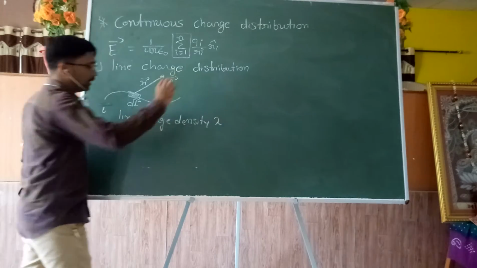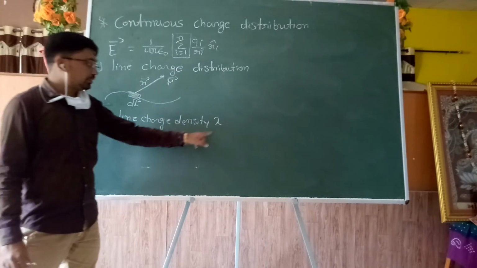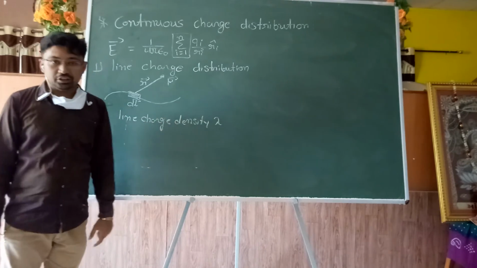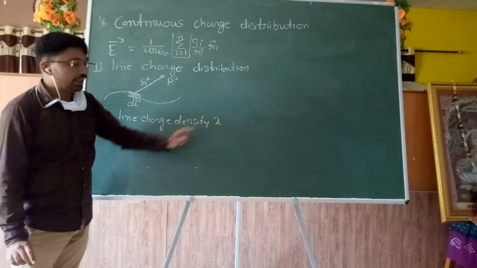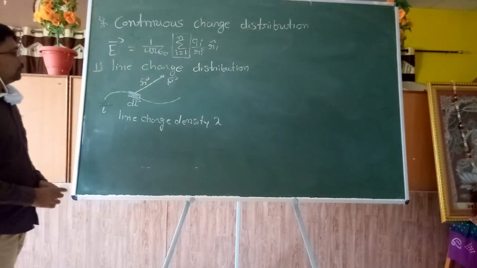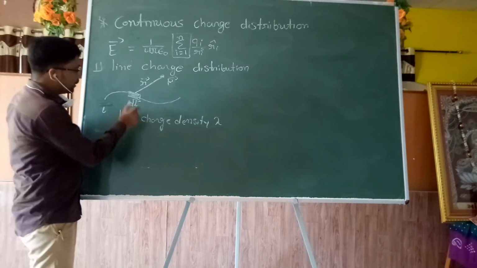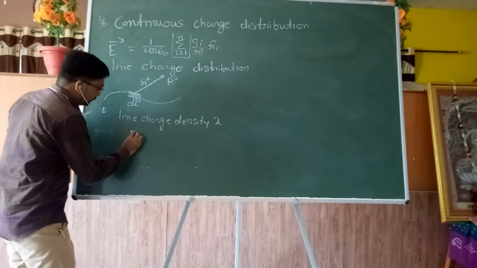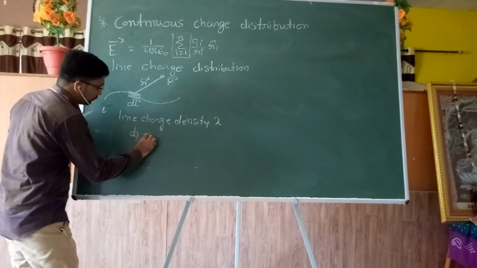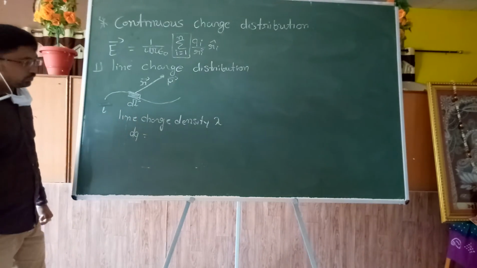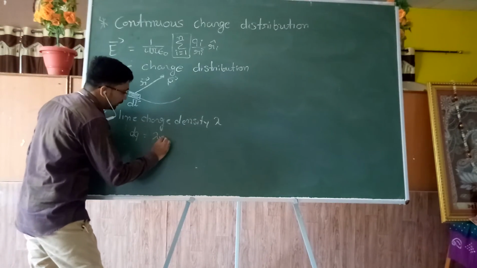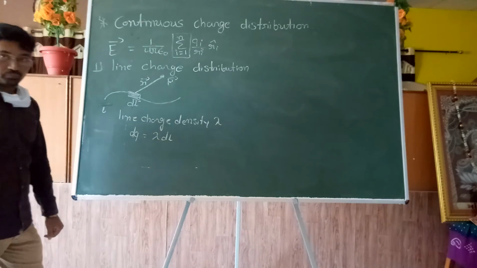it is lambda. What is line charge density? It is the charge per unit length. So we want to find out the charge on the small portion of line dl, and it should be dq, and it is equal to lambda into dl.